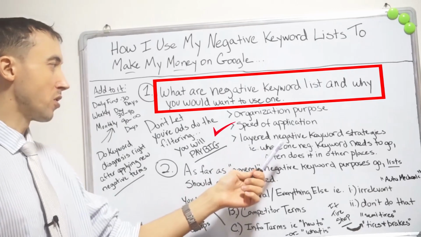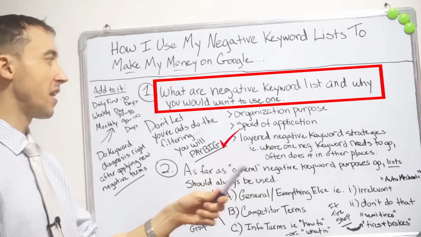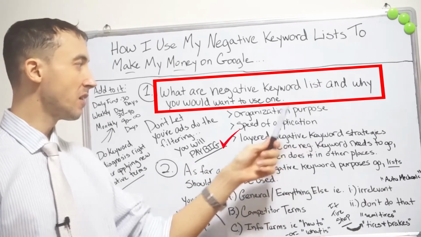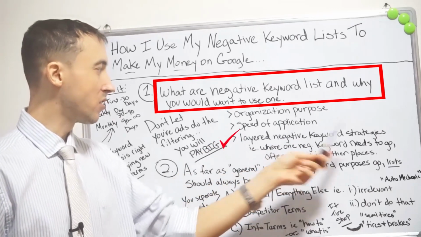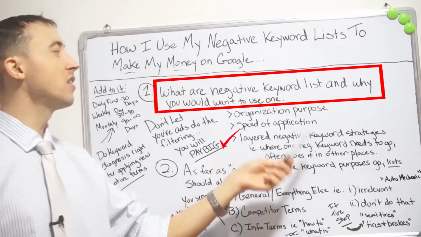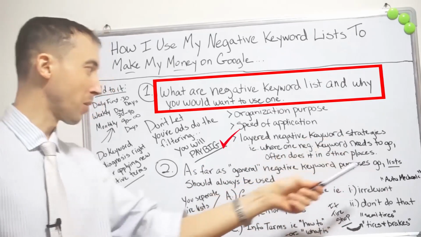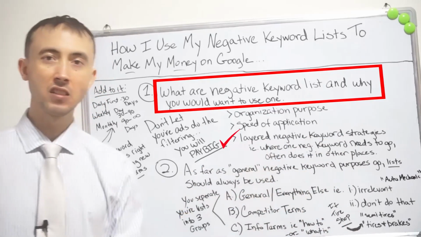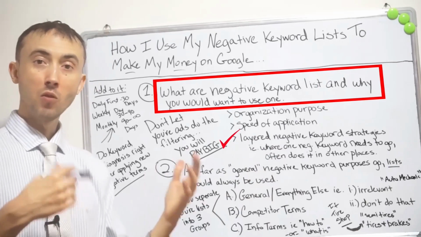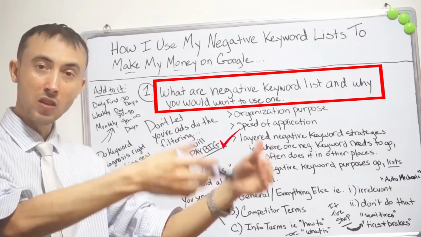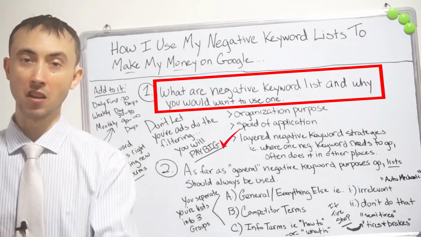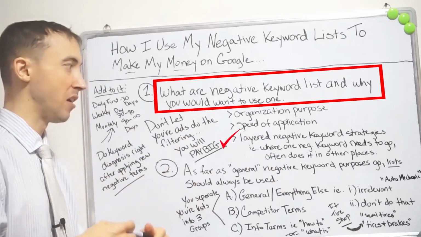The other thing you use negative keyword lists for is layered negative keyword strategies, i.e. where one negative keyword needs to go, typically, often, in other places. Specifically, if you find a keyword that could be used in one place, it's probably used in another campaign, not just one campaign.